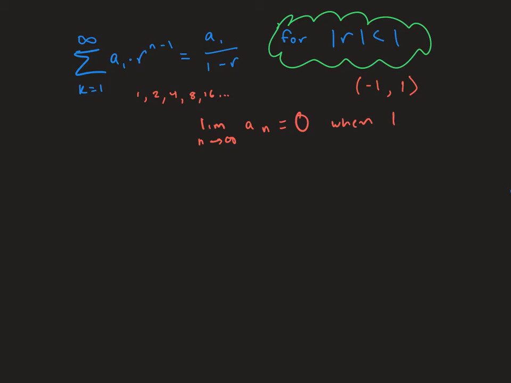When the absolute value of r is less than 1. And the reason that this is true is because remember that a sub n we can write as a sub 1 times r to the n minus 1.